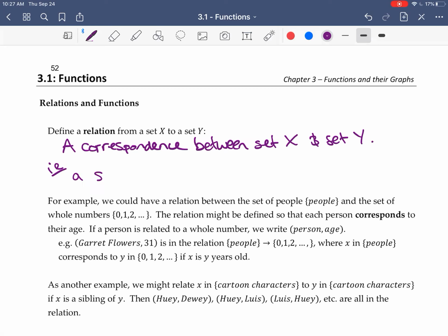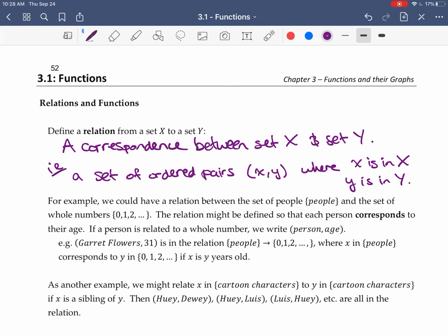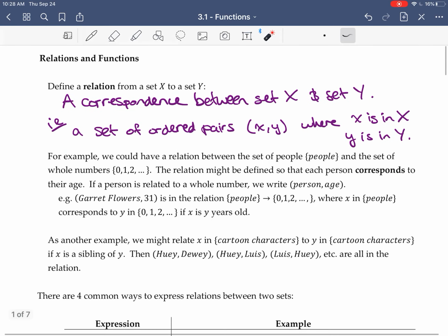A common way to write it is as a set of ordered pairs. Ordered pairs are like the points with the coordinates x, y, where little x is in X and little y is in capital Y. So you take one element from set X and you pair it with one element from set Y. That's what we call a relation.